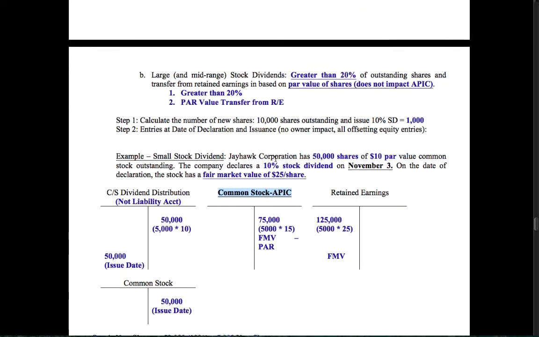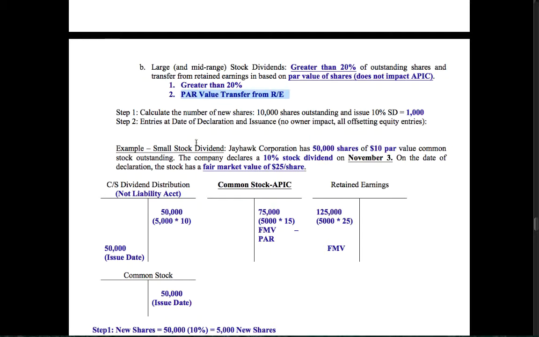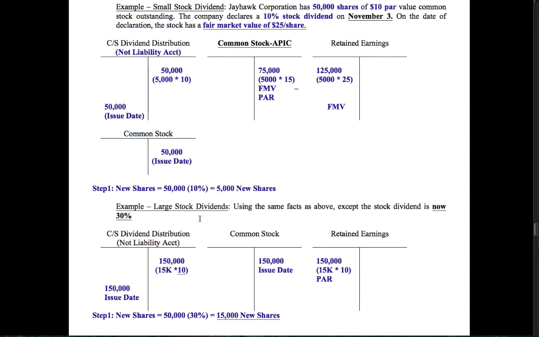For large stock dividends, you do the transfer at par, and therefore there will be no additional paid in capital account because the amount that you are recognizing for dividend distribution will equal exactly the amount of the impact in retained earnings.